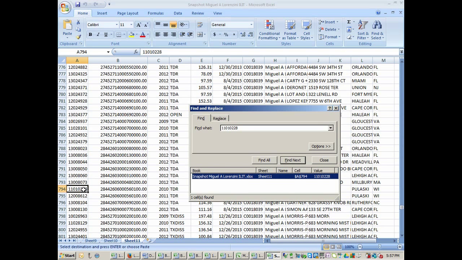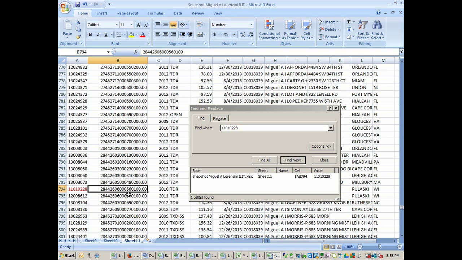Okay, so it's right here. Here's the thing that I want you to be careful of. When you're going through here, recall you've got to match up and find all the certificates that are tied to this strap number. So that's the master certificate right here, 11010228. But you can see that's the strap number.